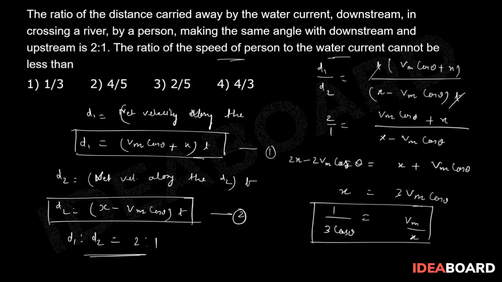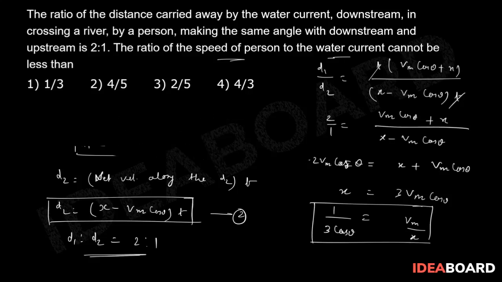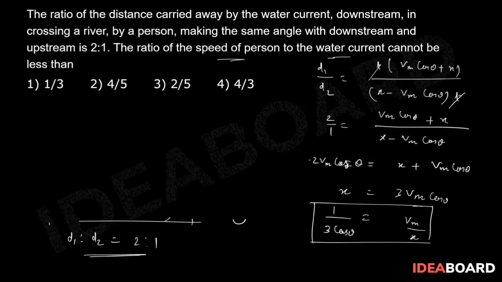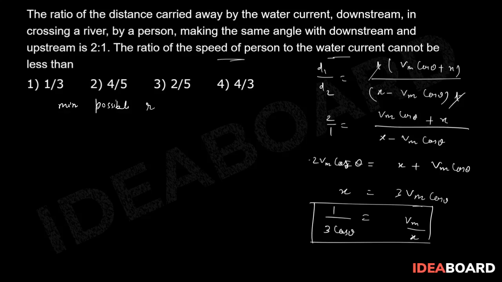Now, as the question says cannot be less than, we are interested in the minimum possible ratio.